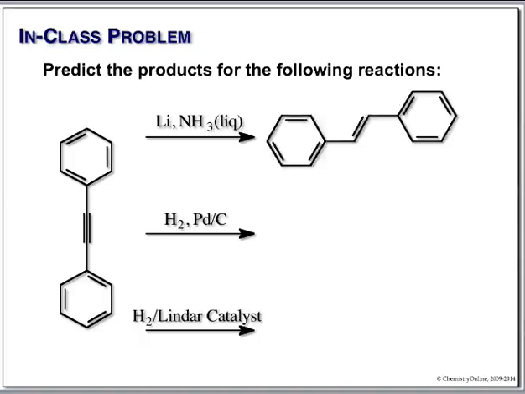If we do hydrogenation in the presence of platinum on carbon, we're going to go all the way to the alkane. Okay. Reduce our triple bond to the alkane.